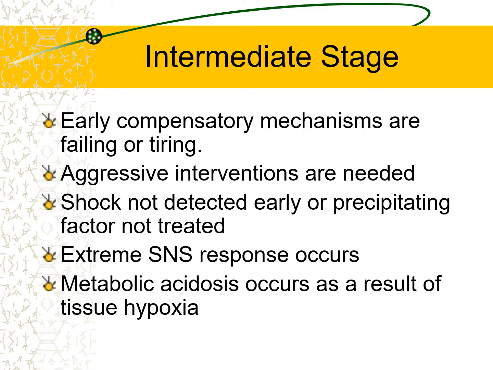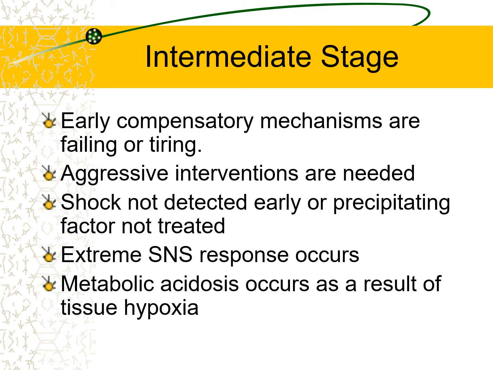The next major stage of shock is the intermediate stage. Now, at this point, those early compensatory mechanisms are failing, or they're very tired and they cannot keep going. So at this stage, we need aggressive interventions in order to save this person.